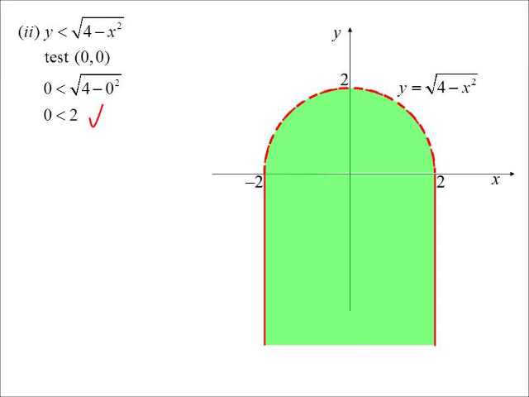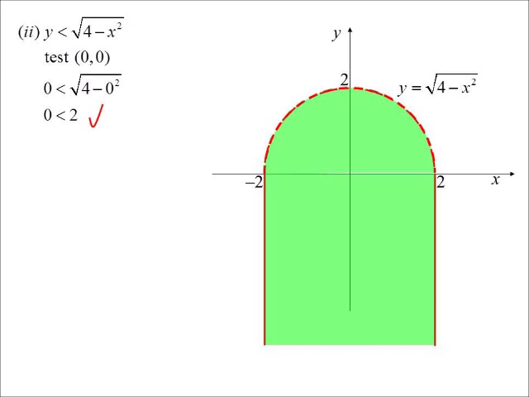I don't need to know what the x value is, because if the y value is negative, it's always going to be less than the positive square root of something. So any point with the x value in the domain will always satisfy that inequality below the x-axis. If it was greater than, then obviously the lines would go up instead of down.